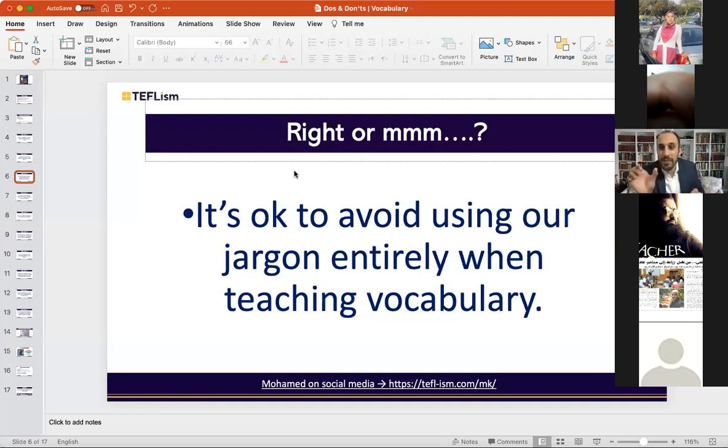I'm not talking about a phrasal verb like take off. I'm talking about the category itself. So when you ask your students, which part of speech is this? Should we do this 100% or is it useful sometimes?